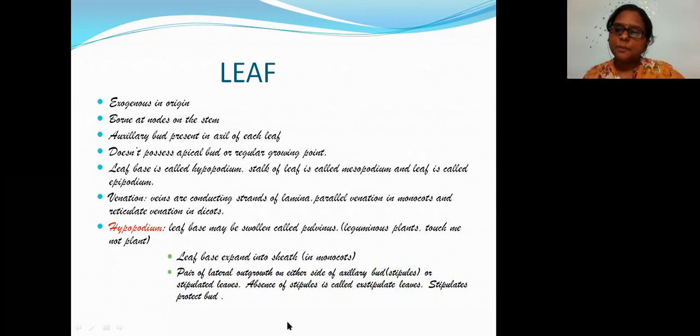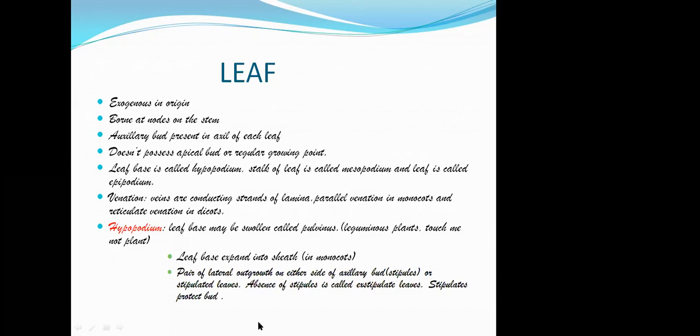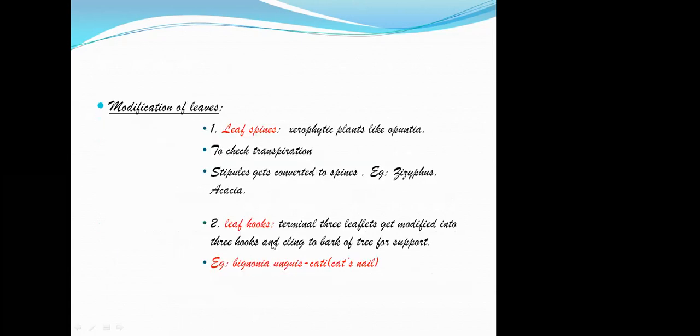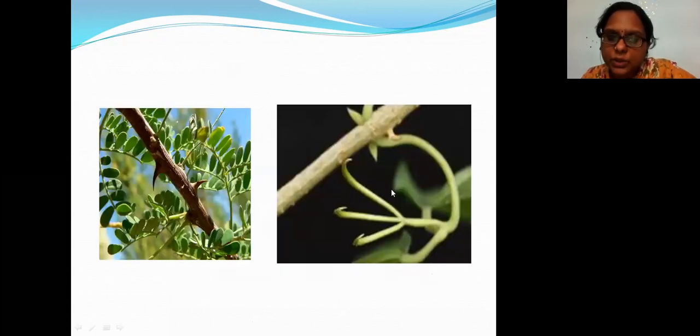Clear, students, this one? Yes, ma'am. Others also, if you have any doubt. Okay, fine. So now for the modifications, I have shown these 2 diagrams, students. Beautiful diagram this is. You see here one of the leaves is modified into a spine. Why? It is not that the leaf is converted into a spine or thorn.